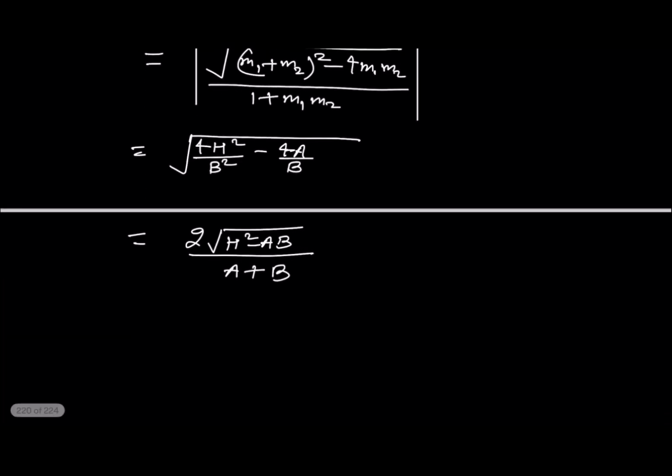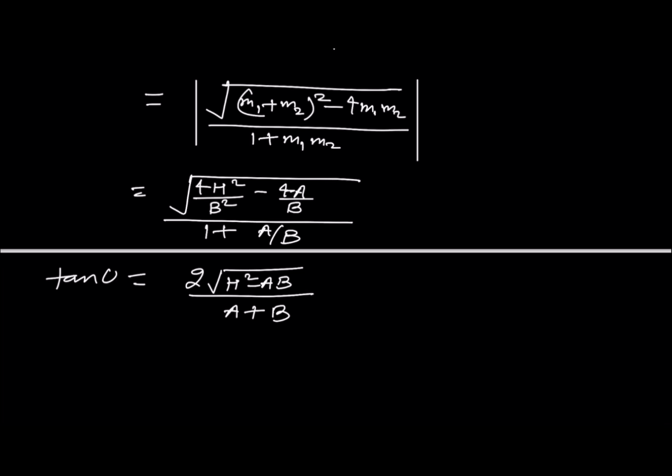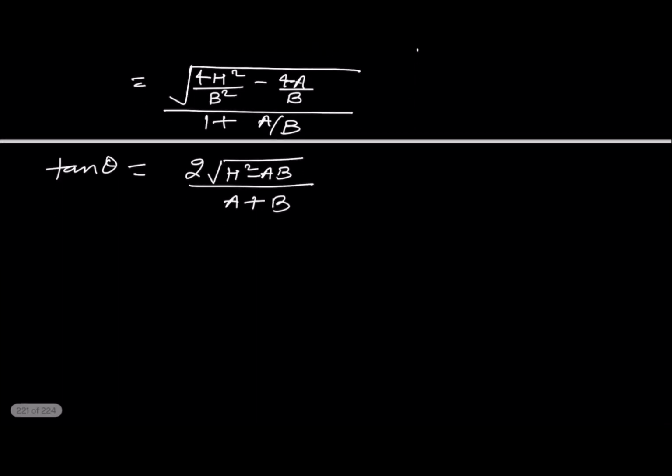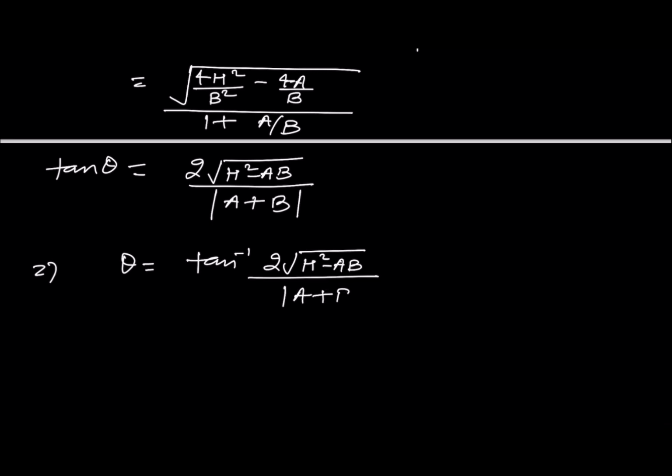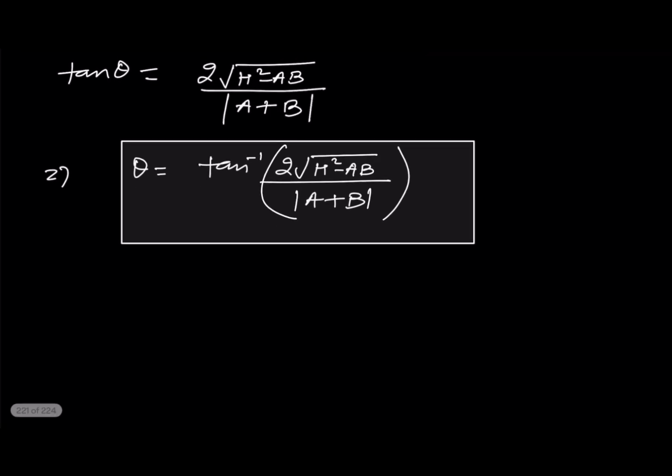Sorry, this is 1 plus a by b. So this is tan theta. Okay, so theta will become tan inverse of 2 root h square minus ab on mod of a plus b. Taking mod because I'm taking the angle as acute.